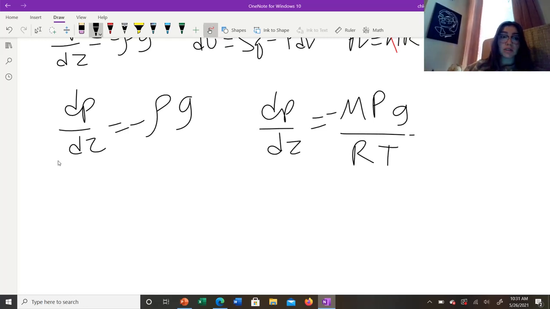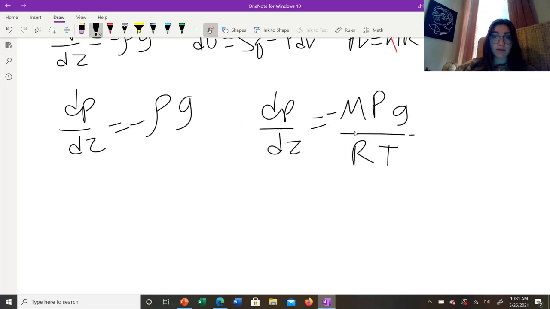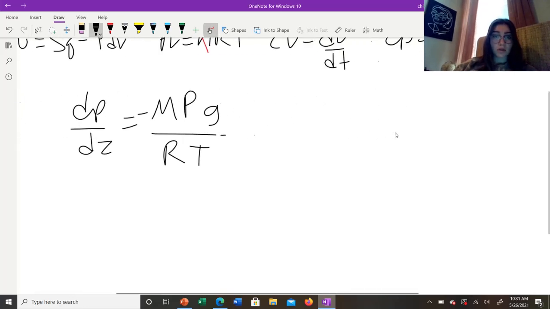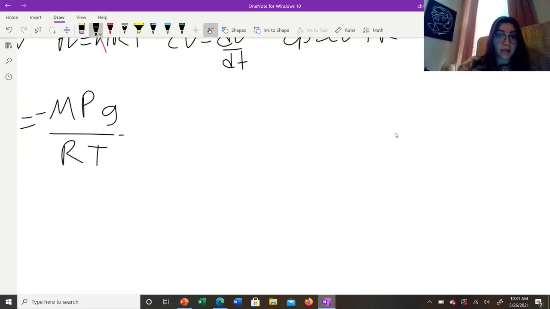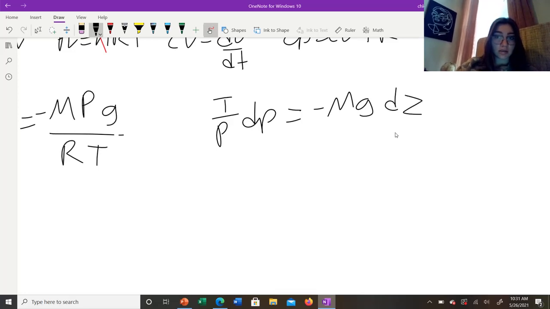So this is our new equation. We're just substituting some stuff in. So from here, we're going to write it as T over P dP equals negative m g dz over R.